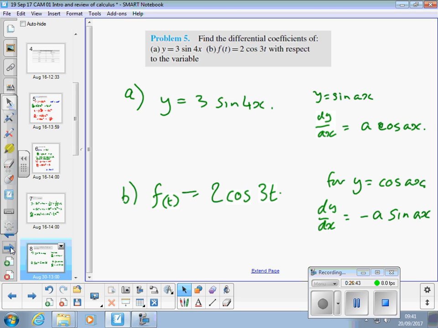So pulled from the table, they are the derivatives we need to use.